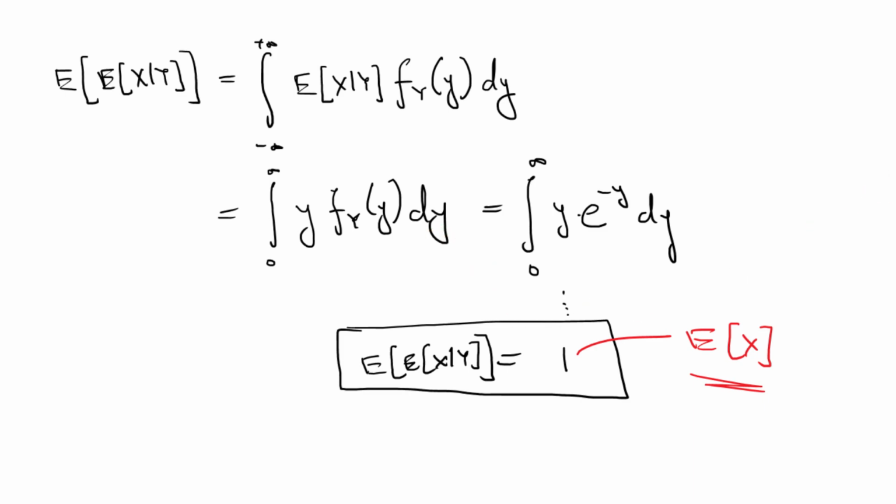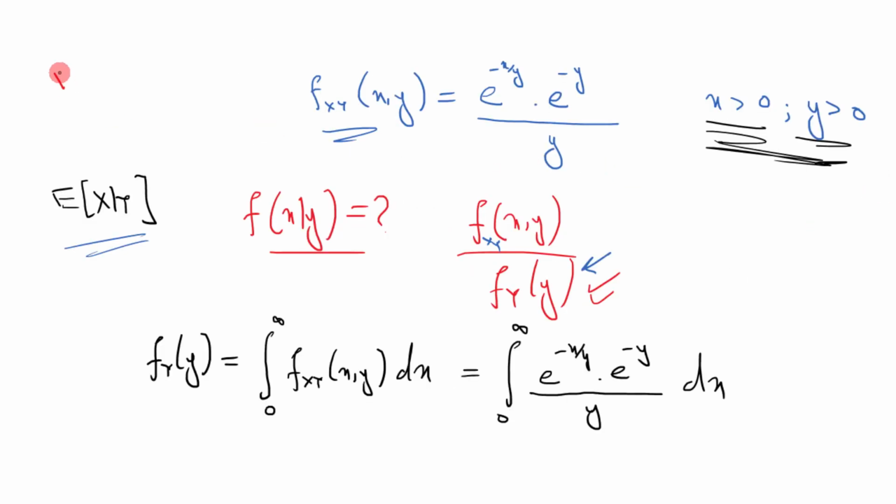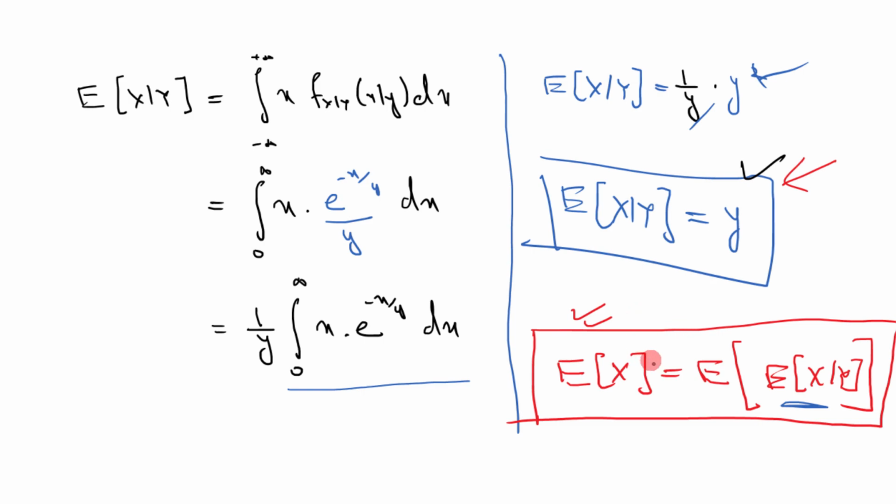So here you can see you have determined the average value of x, which is equal to 1, without knowing the marginal density of x. This is the usefulness of this expression. Here you can find the expected value of variable x without knowing its marginal density from this conditional expectation.